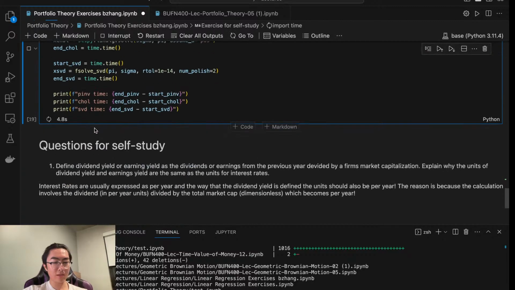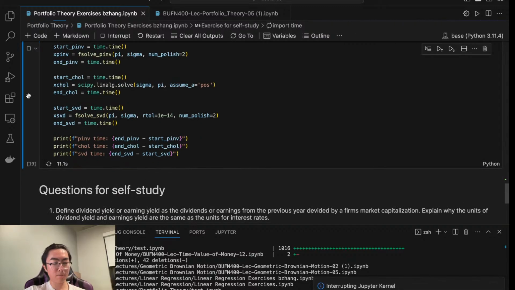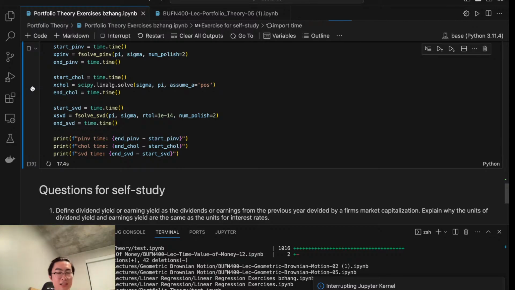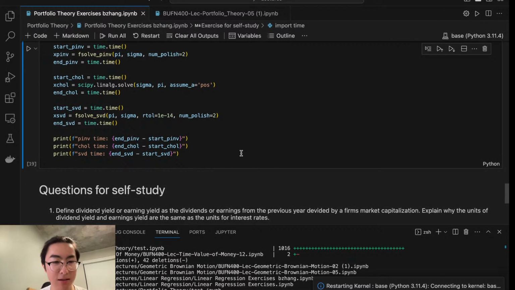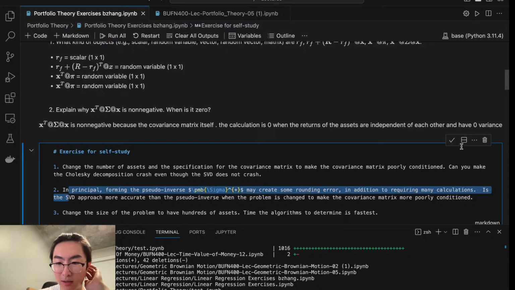Ooh, with 10,000 assets, yeah, maybe that's too much. Oh man, yeah, this is not good. I think I put too many. Oh shoot, yeah. Okay. I made n too big.